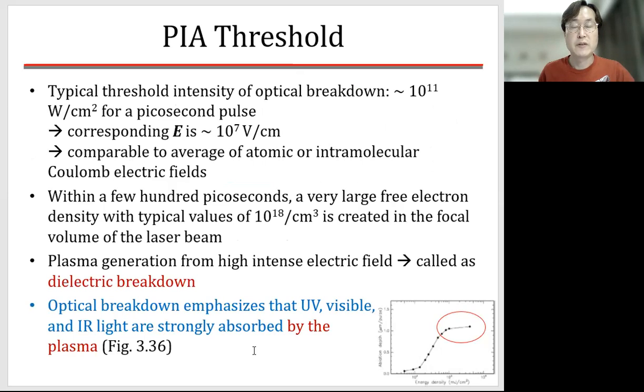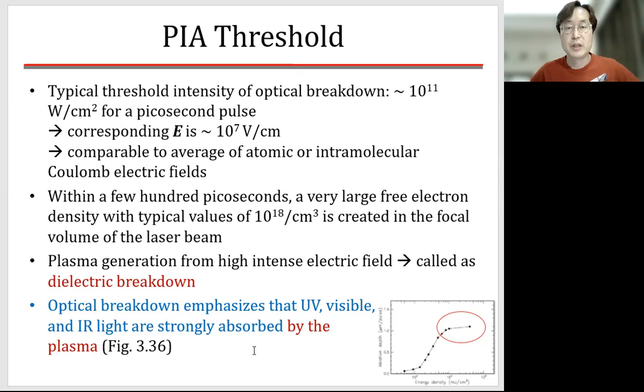So this electric field is comparable to the average atomic or intramolecular Coulomb electric field. So basically this electric field should be the same as or higher than the atomic or intramolecular Coulomb electric field. Then it can break down.